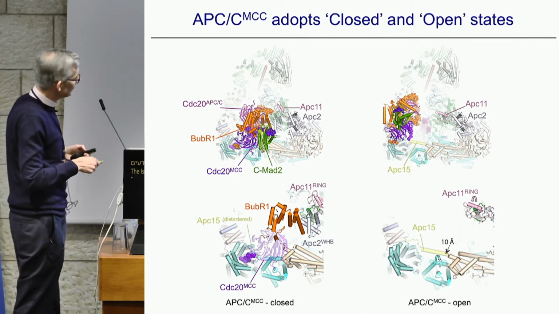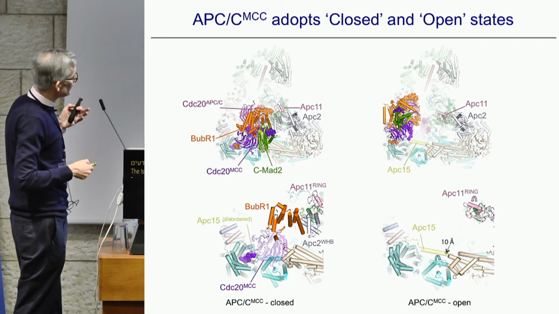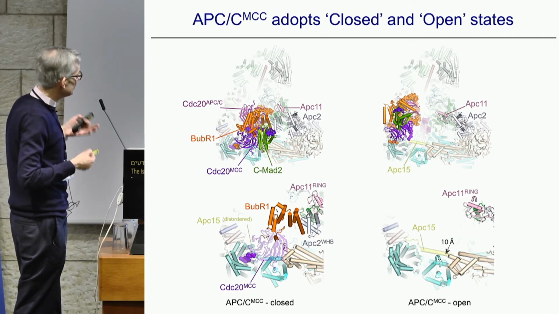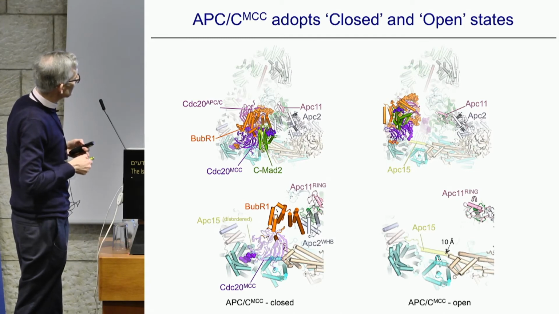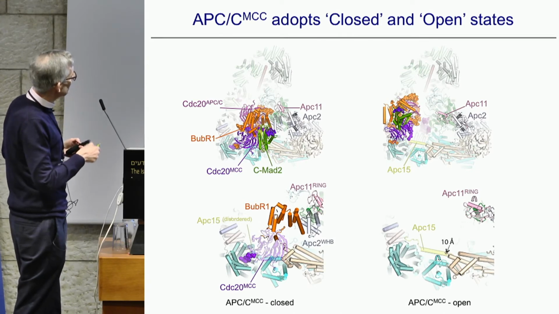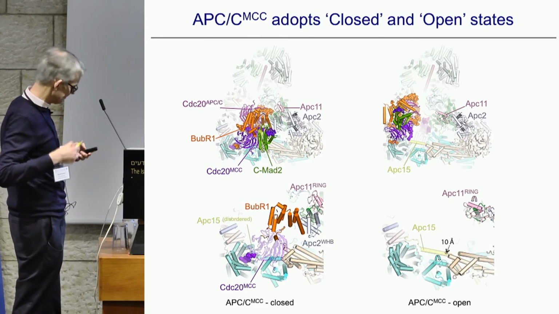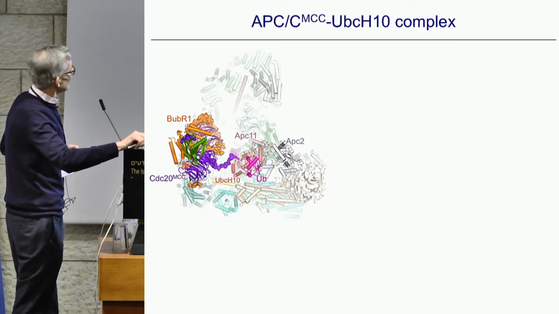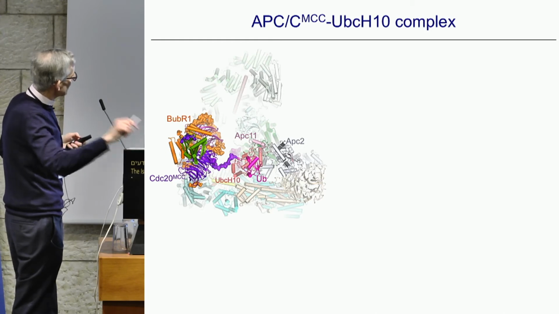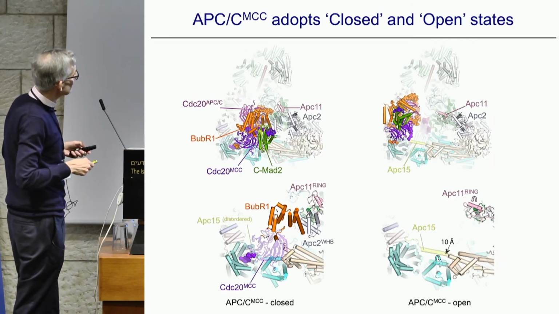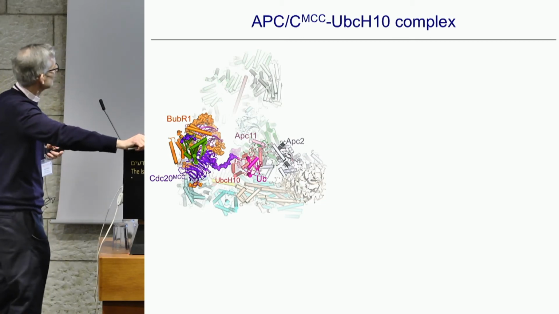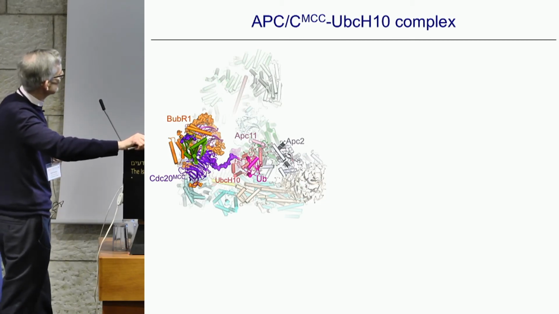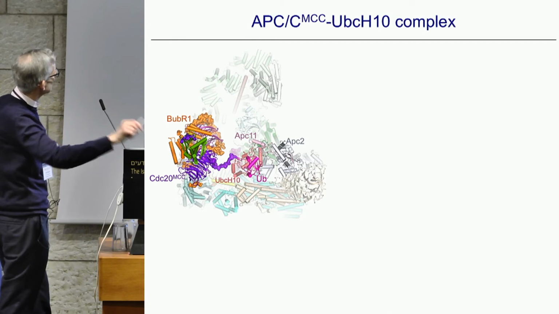And if we delete APC15 from the APC, the APC-CDC20 is perfectly active towards securin and cyclin B, and we find that this deletion of APC15 locks the APC in this so-called closed state. So this suggested to us that the open state of the APC, which is shown here, could still bind E2 ubiquitin.